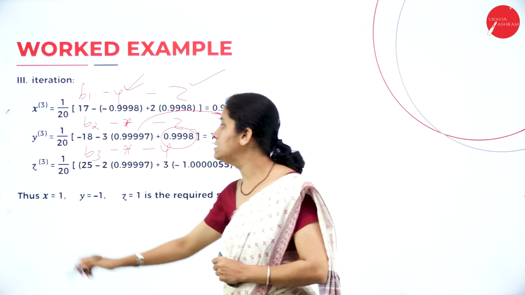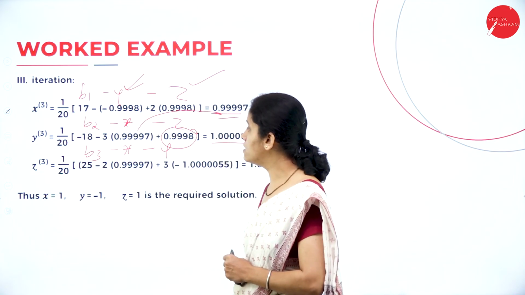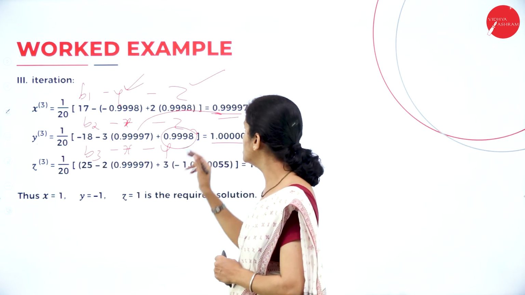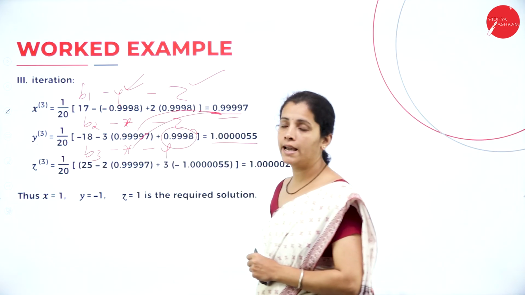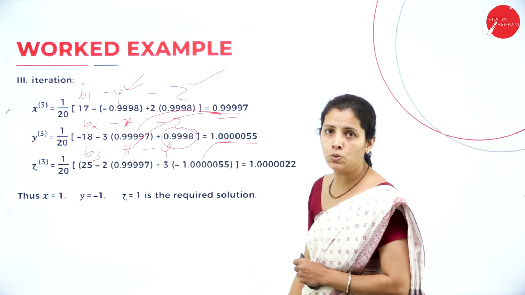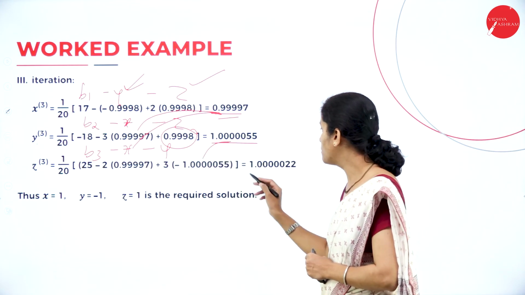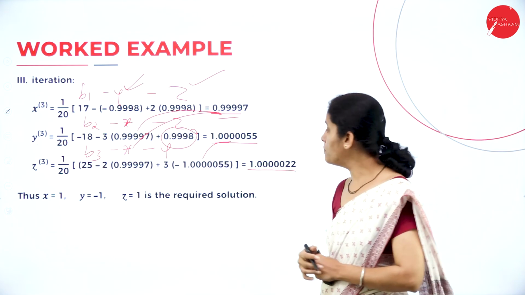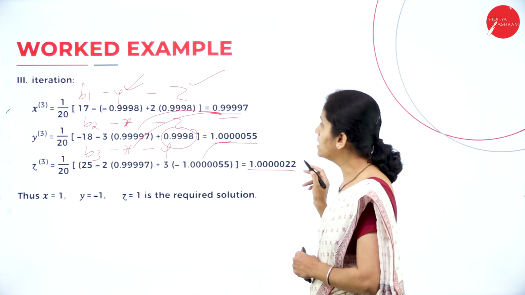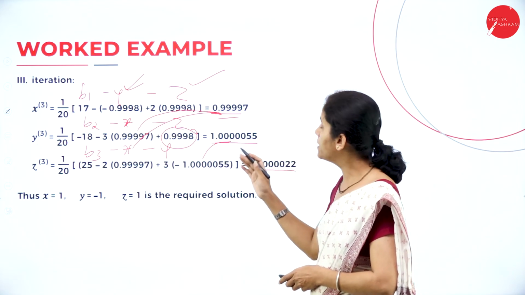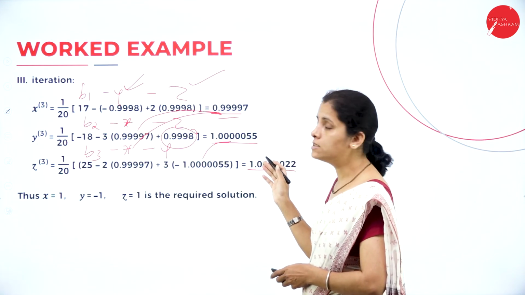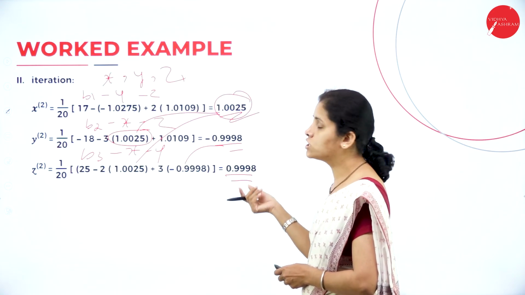If I consider z of 3, for this equation, I have b3 minus the present x value and the present y value. When I calculate, I'm going to get the answer 1.000002.